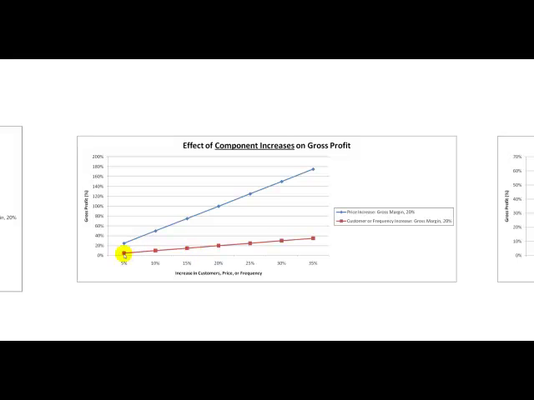Okay, so here in the red bar, or the red line, is the increase in customer frequency or number of customers who buy. And let's say that increases by 15%. Remember, that gives you a linear increase, 15% increase in gross profit. But for the same gross margin, your price increase of 15% gives you about a 75% increase in gross profit.